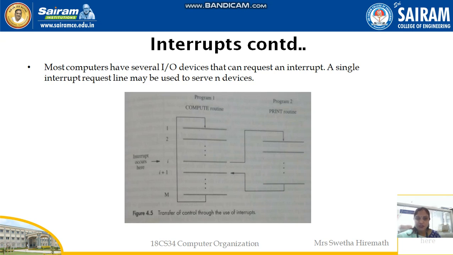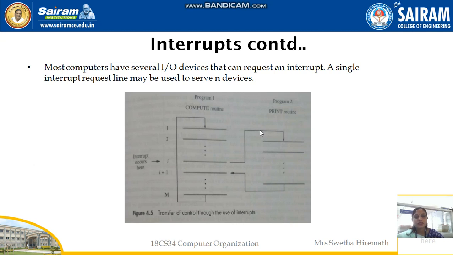Once it has been stored in the register, the starting address of the print routine will be stored in the program counter. The program counter, that is the PC, is a register which stores the address of the next instruction to be executed. All that data has to be stored in the register.